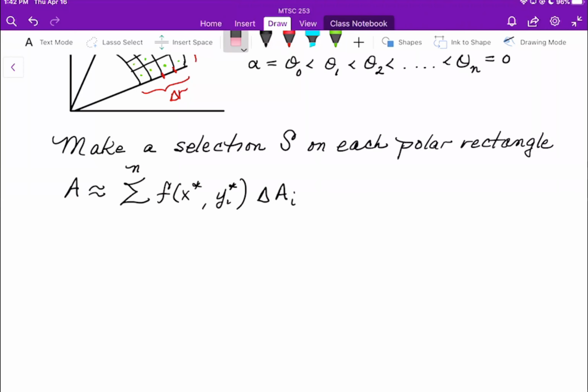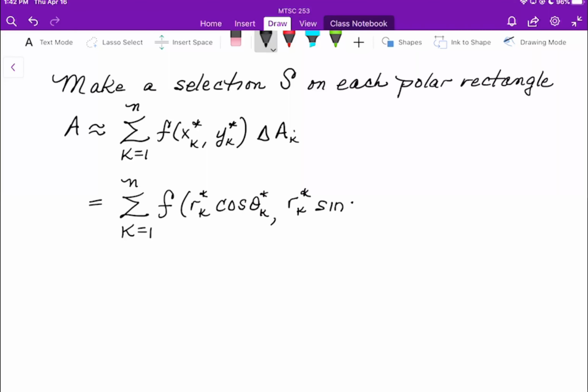So now what is xk star? Well, that's going to be rk star cosine of theta k star. And then y is going to be rk star sine of theta k star. And dA is going to be ri star delta r delta theta.